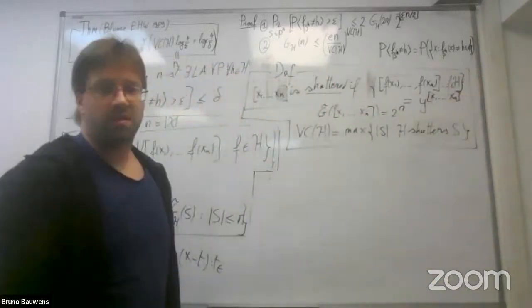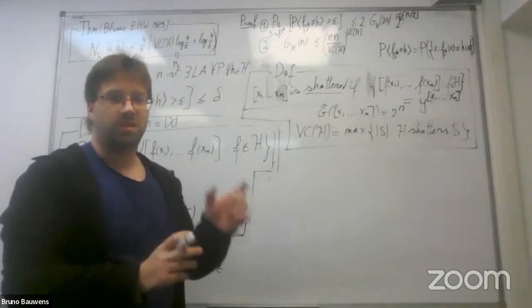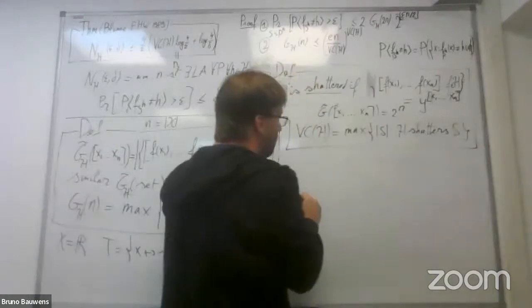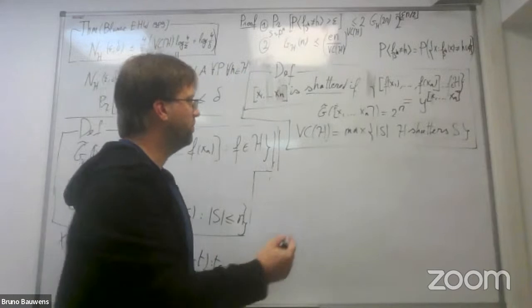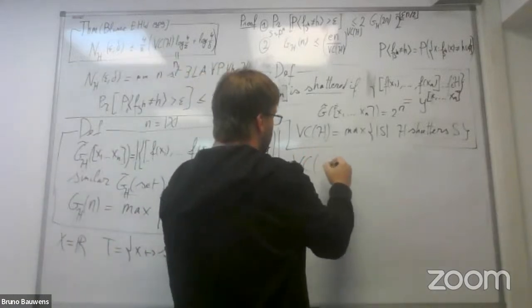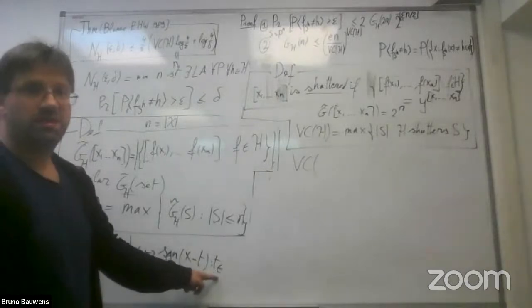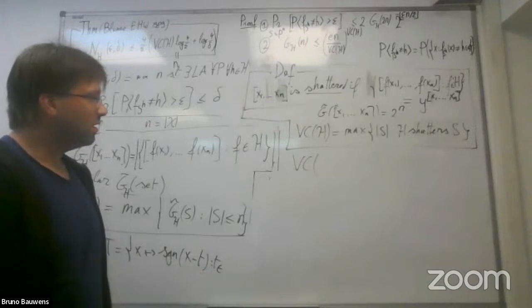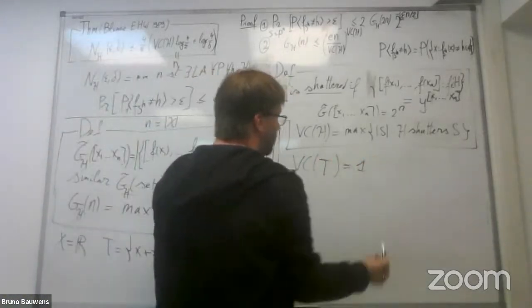So let us do an example for interval classifiers, indicators on intervals. I claim that VC dimension is equal to 2. Or let us first have threshold functions. VC dimension is equal to 1. Why is it?